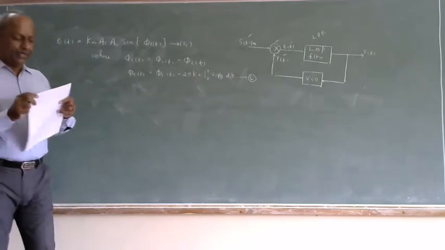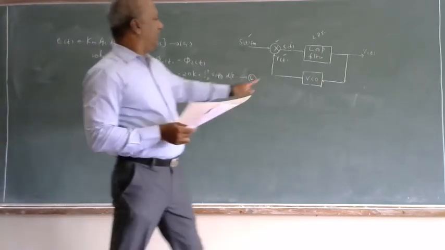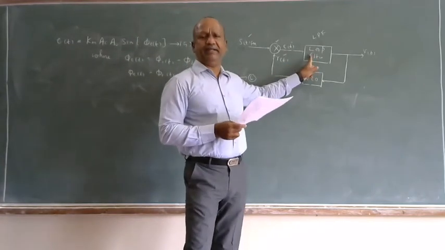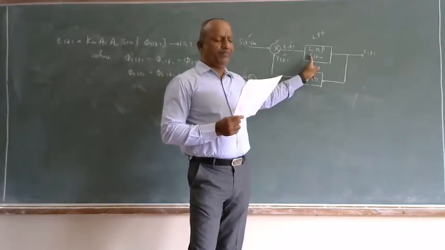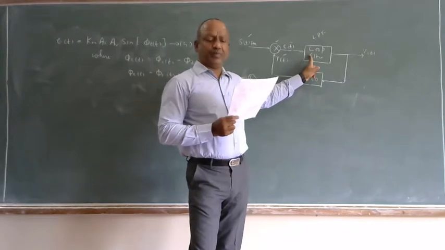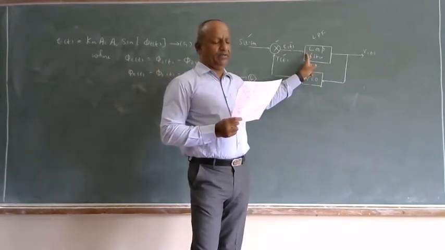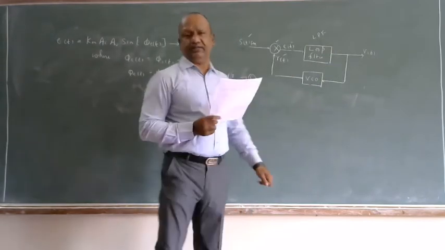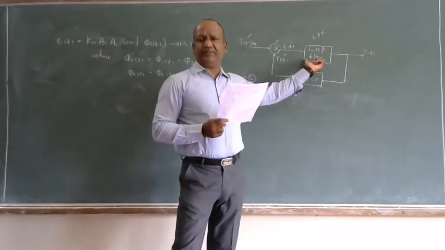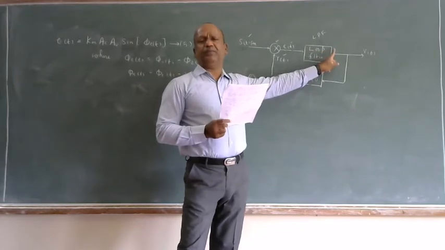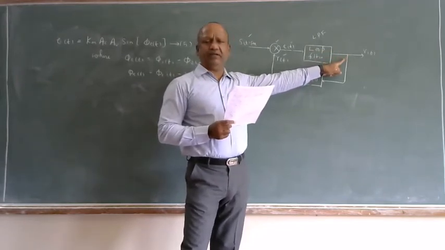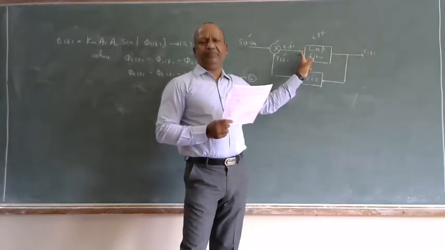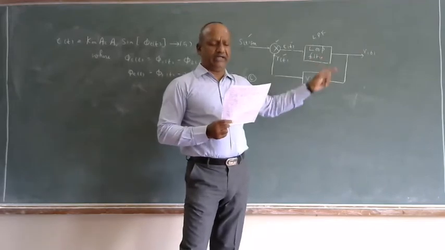Okay. So now, in general, I can write the loop filter which operates on the input E of t to produce the output V of t by the convolution integral. So in general, I can express the output of the loop filter, which is V of t, for the input E of t in the form of convolution integral.